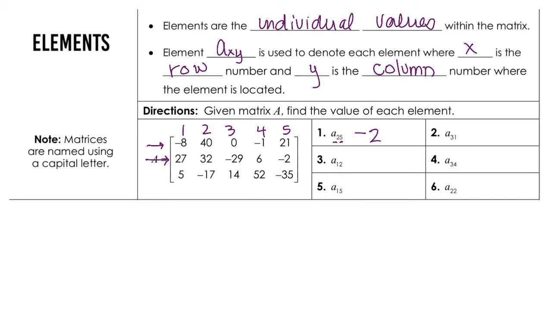So number 2, we're going to go to the third row, and then we need our first element, so that's going to be +5. And then for number 3, we need the first row, second element, that's going to be 40. And number 4, third row, fourth element, that's going to be 52. And then number 5, the first row, and then the fifth element, 21. And then finally, the second row, second column is going to be value 32.